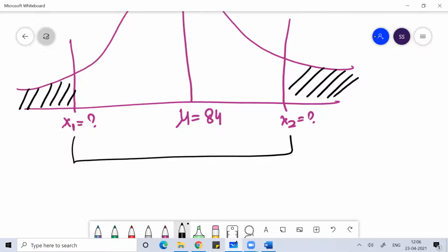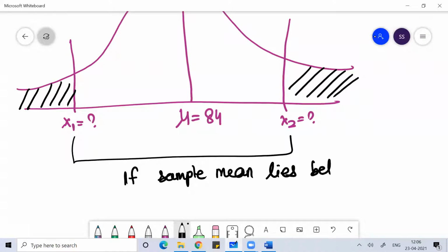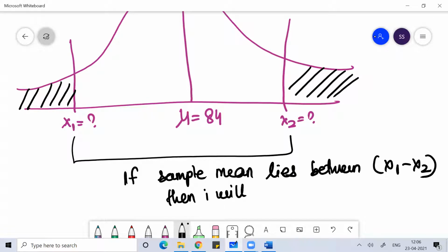So now what I'll do, I'll find the values of x1 and x2, and if my sample mean lies between x1 and x2, then I will accept the null hypothesis. Very simple. Nothing can be easier than this.